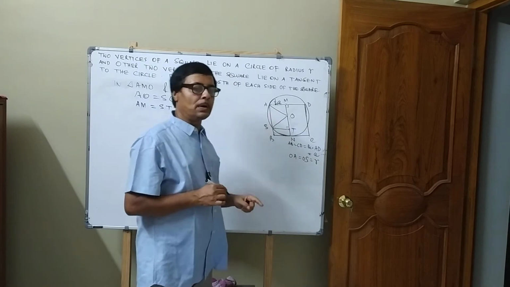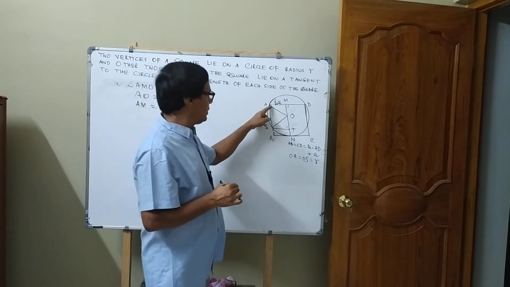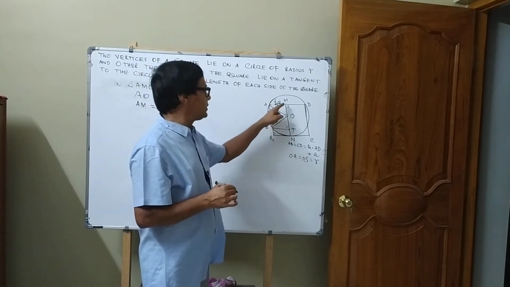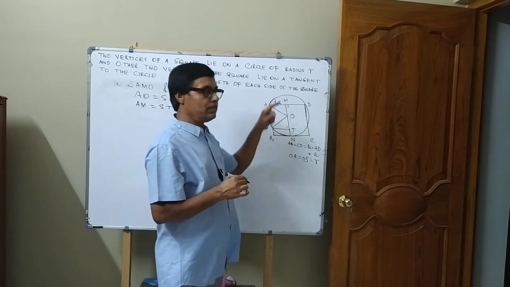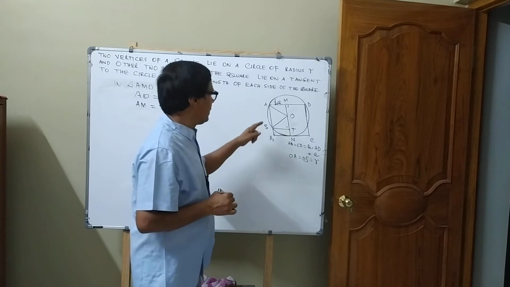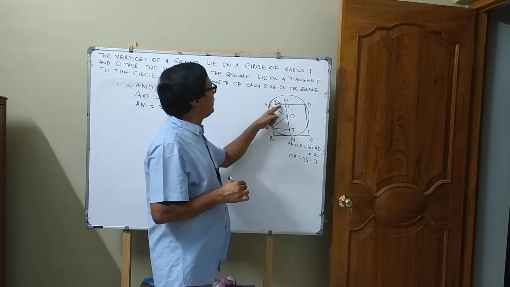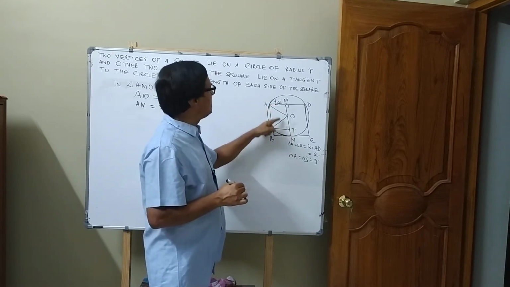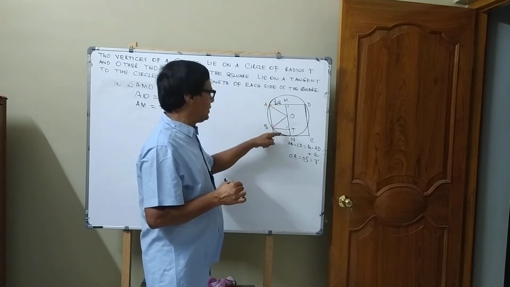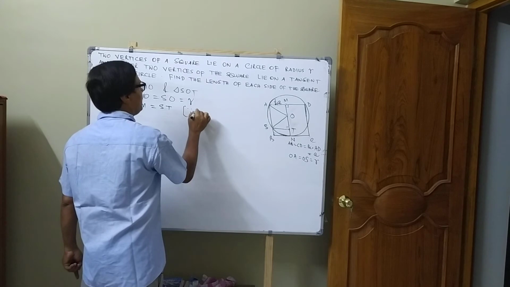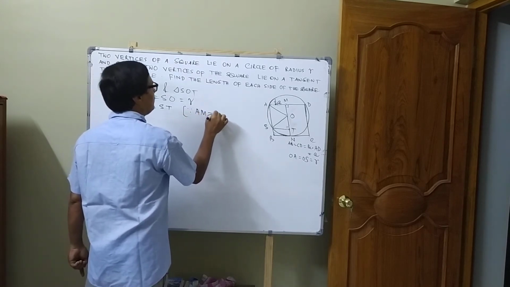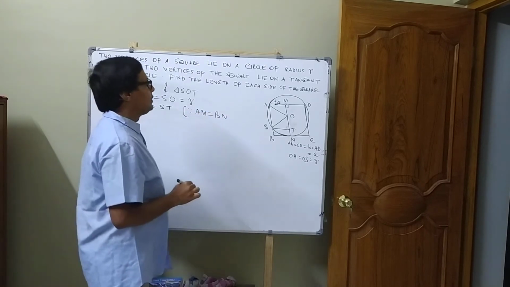All angles of the square are 90 degrees. So this figure ABNM is a rectangle, and as it is a rectangle, its opposite sides are equal, that is AM equals BN.